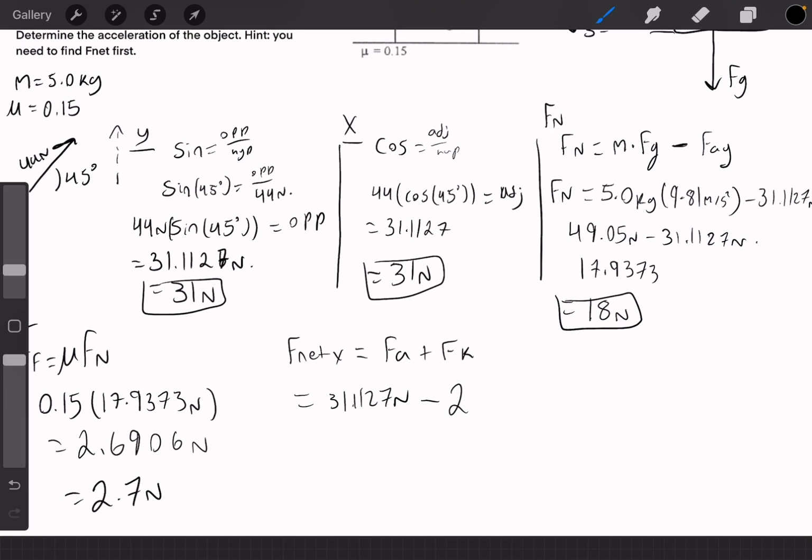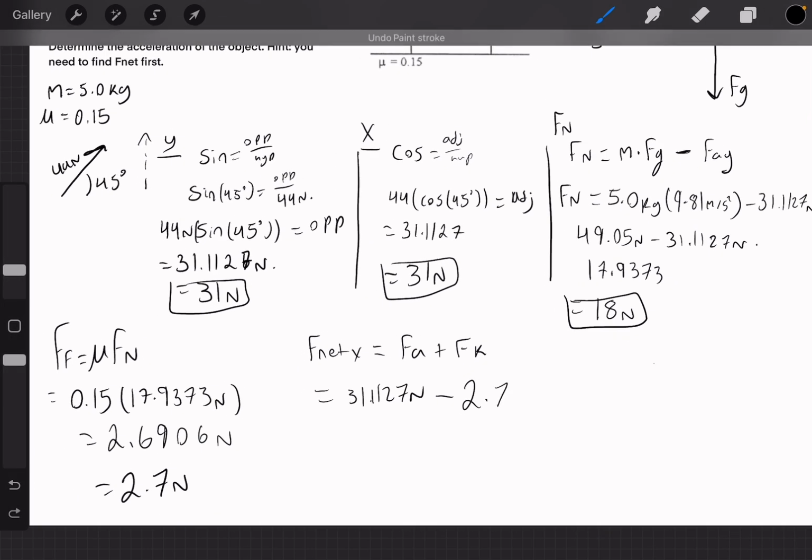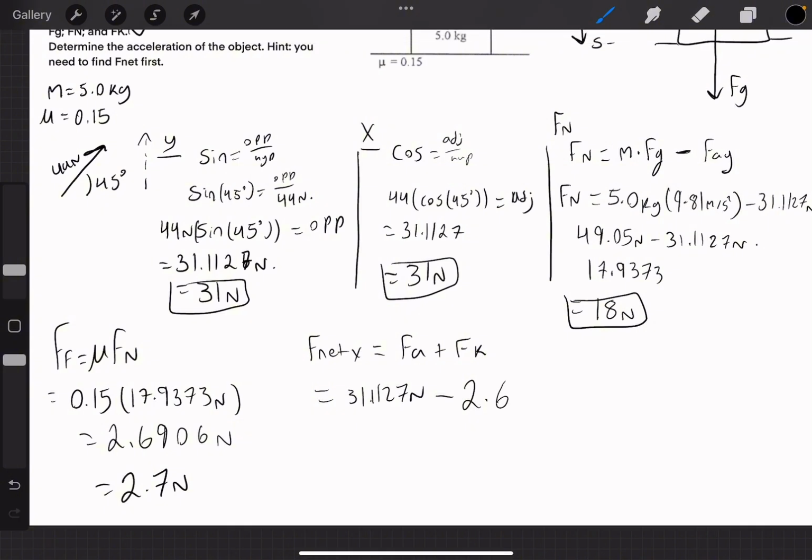Minus 2.7, or I should actually not use the rounded value, 2.6906 newtons. That's going to give us, let me pull out my calculator, 28.4221 newtons.